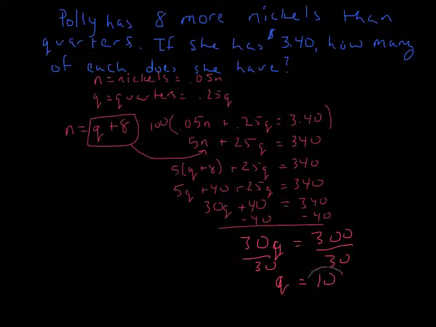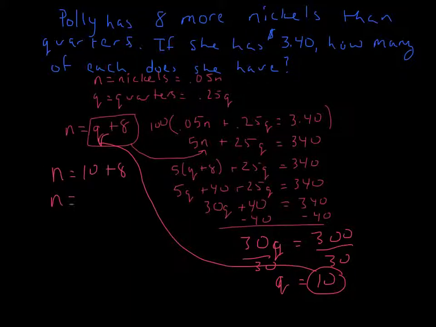And then we take our 10 and we plug it back in over here for the Q. And our nickels equals 10 plus 8. So our nickels equals 18. Okay, and if you test that out, 10 quarters, that is $2.50. And 18 times 5 cents, that is 90 cents. So $2.50 plus 90 cents, we're all good, 340. All right, hope that helped you out.